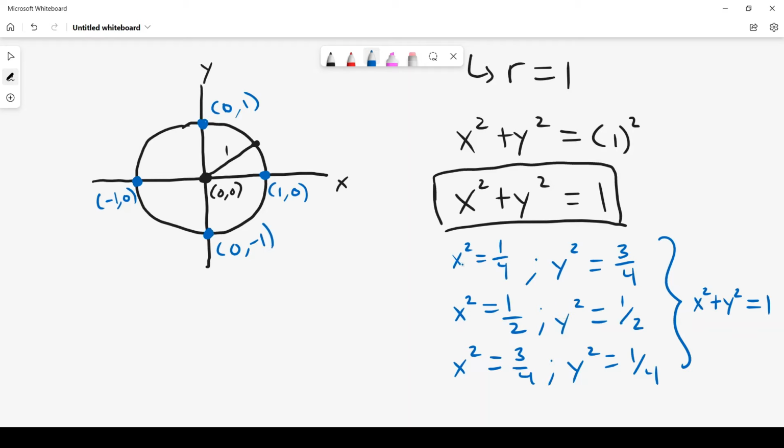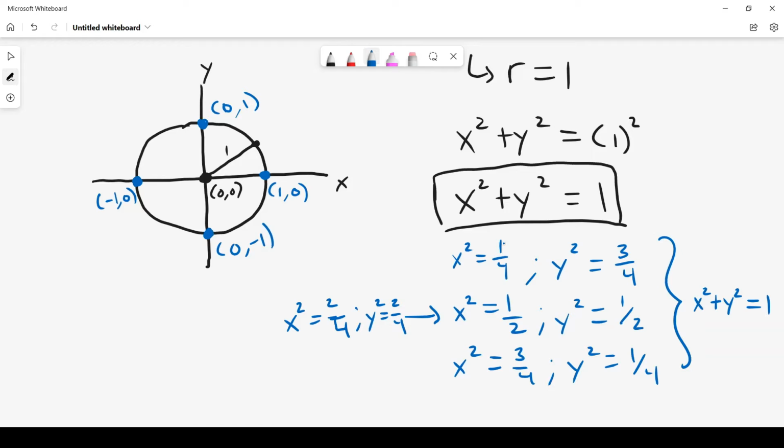And these are specifically just easier values on the first quadrant, in which for these 1/2 here, if you want, you can also think of this as x squared is equal to 2/4, and y squared is equal to 2/4.